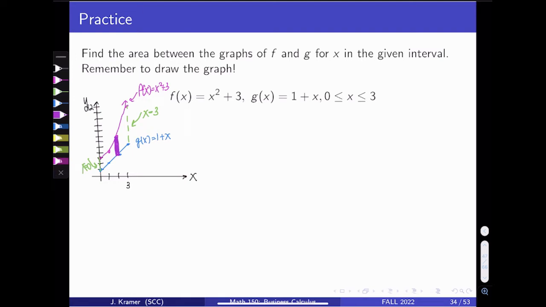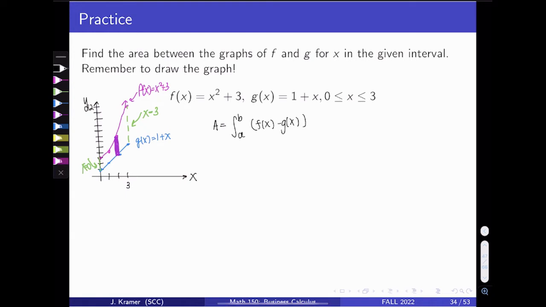Now, it's not always going to be f of x minus g of x. It really just depends on which function is the top function over the entire interval. So we could have had an example where g of x was larger than f of x, and in that case, we would do g of x minus f of x. So let's set up our integrand. Remember, when we're finding the area of a region on the interval from a to b, it'll be the top function minus the bottom function.